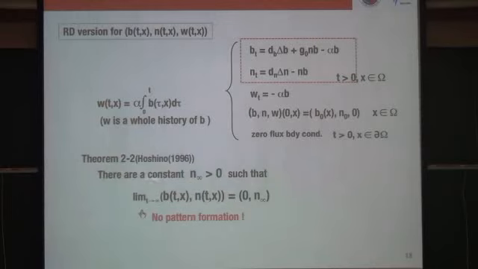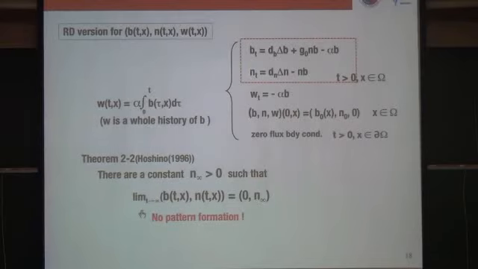There are some constants N infinity such that B tends to 0, N tends to some constant N infinity. Okay. So if you think about only the two component system, there is no pattern formation, because B tends to 0 and N tends to some constant. Okay, so nothing interesting.